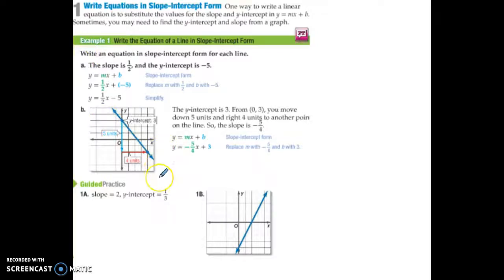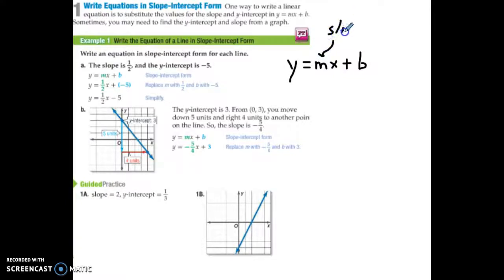So let's start off with some more straightforward ones for this unit. Yesterday, slope-intercept: y equals mx plus b. It's written up here. Our m was our slope. Whatever our slope was, remember, that went in front of x.